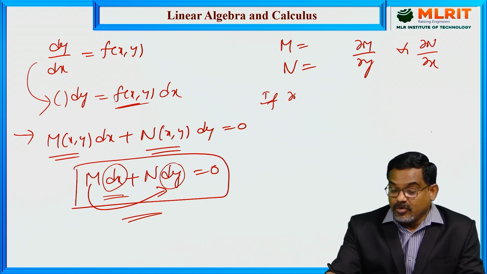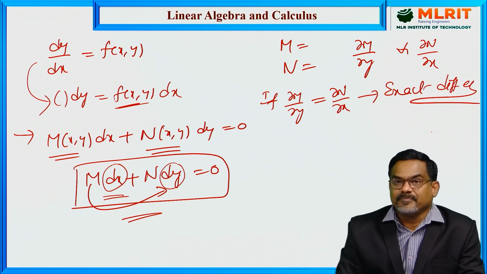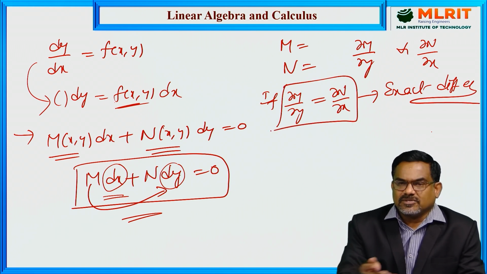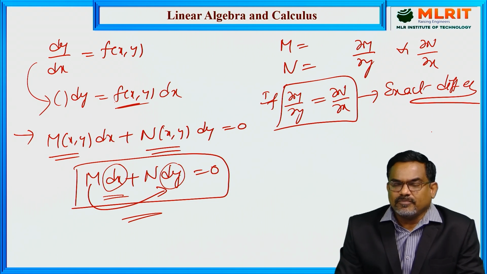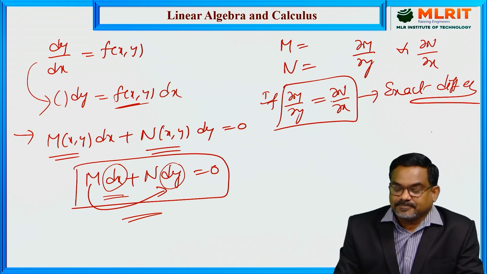If dou M by dou y is equal to dou N by dou x, then the differential equation is said to be exact differential equation. So, if these two partial derivatives, just now we have discussed how to find the partial derivatives, are equal, then the equation is said to be exact.